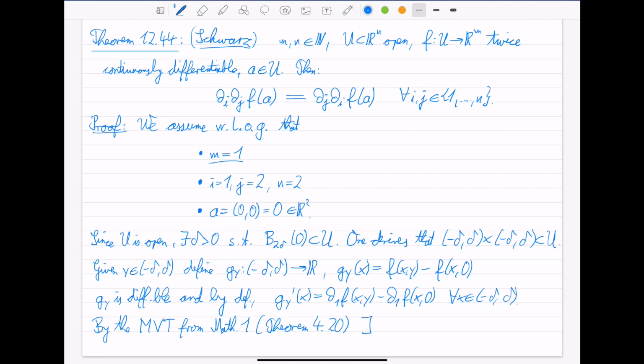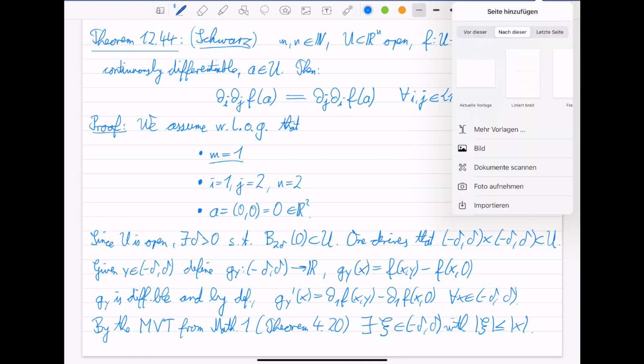So we know that there exists some psi which lies between 0 and x, but we don't know if x is smaller than 0 or bigger than 0. So we only know there exists some psi in (-delta, delta), and the only thing we know is that the absolute value of psi is smaller than or equal to the absolute value of x. This is how we express that psi lies between x and 0.